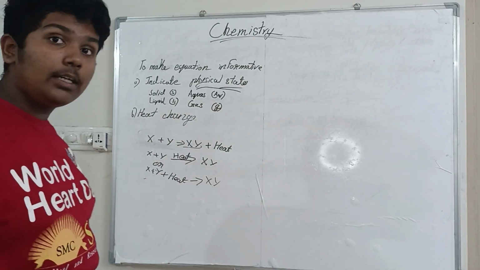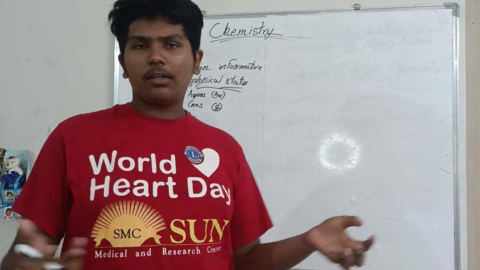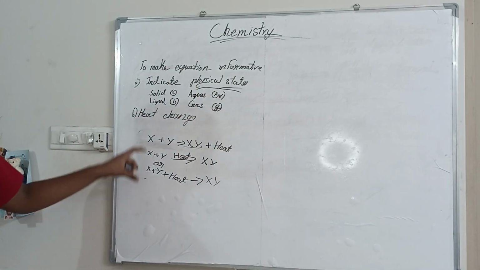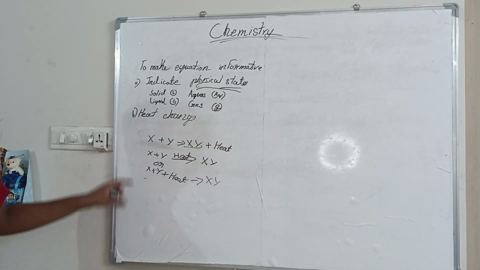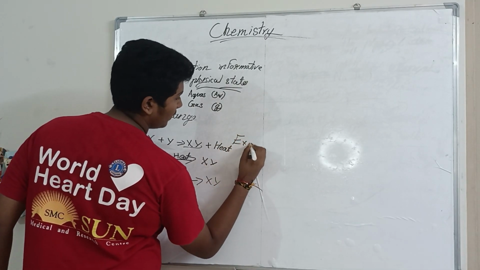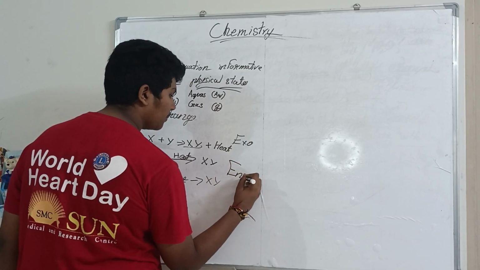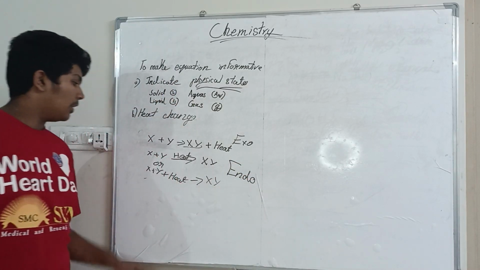Heat also can be in energy form, so plus energy, or just energy. But you have to write one of these three. This is for exothermic, and this is for endothermic.